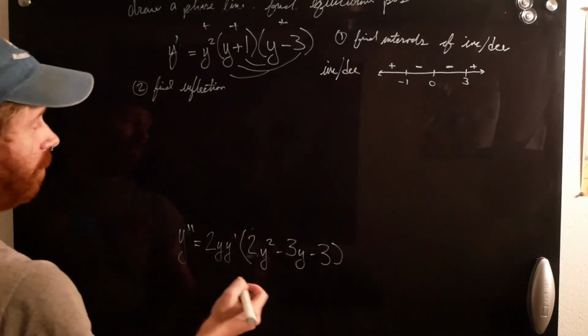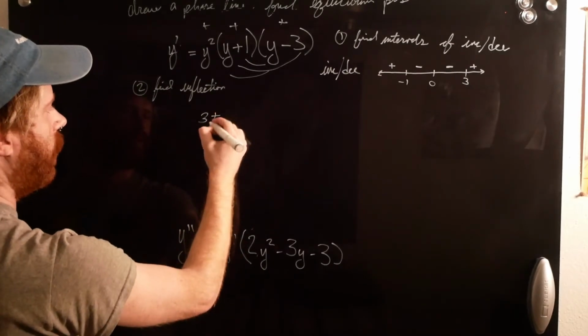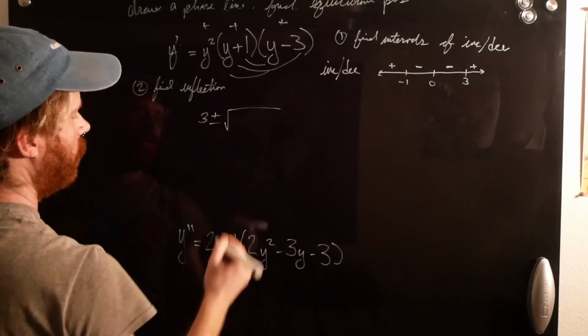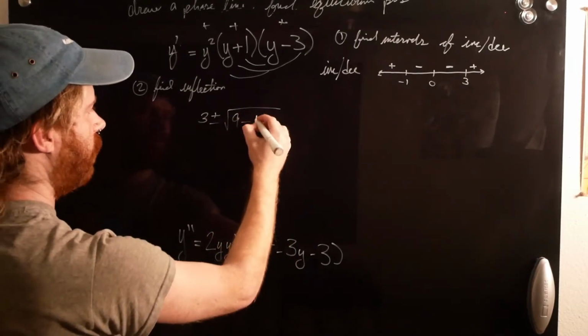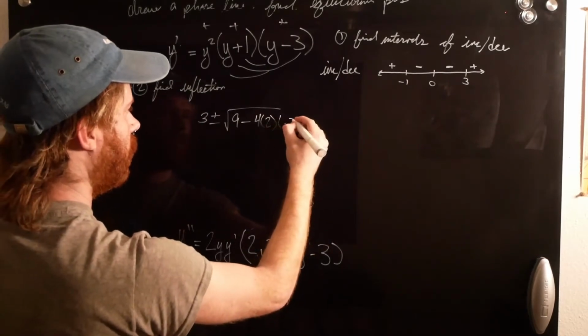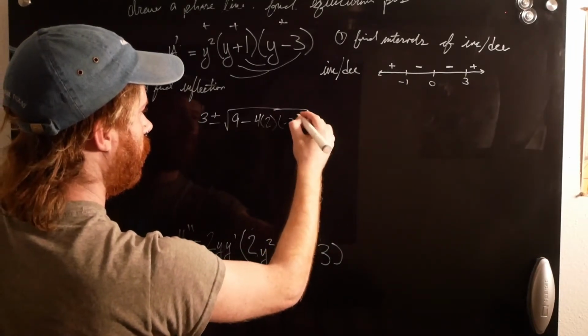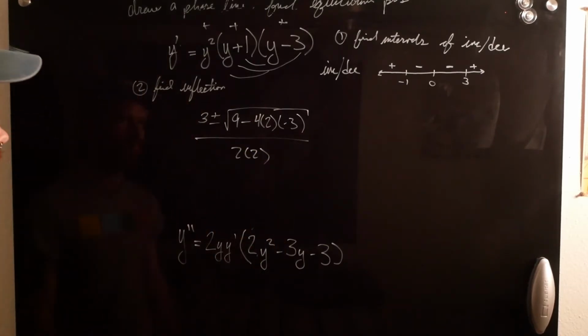So we have negative b, so it's going to be positive 3, negative 3 is positive 3, plus or minus the square root of b squared, 9, minus 4 times a times c, all over 2 times a, right?